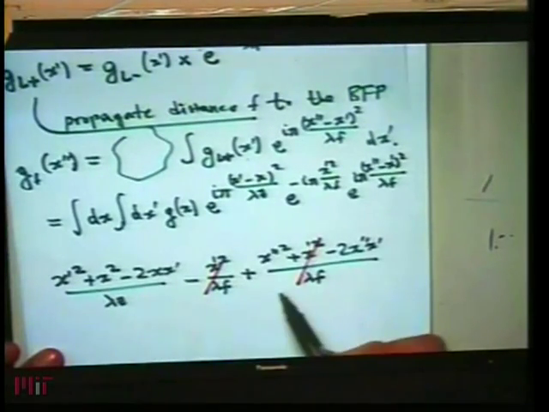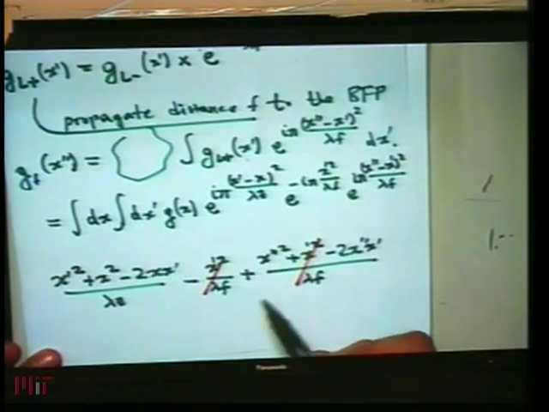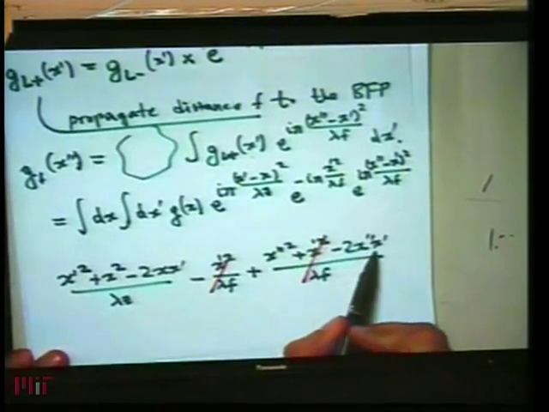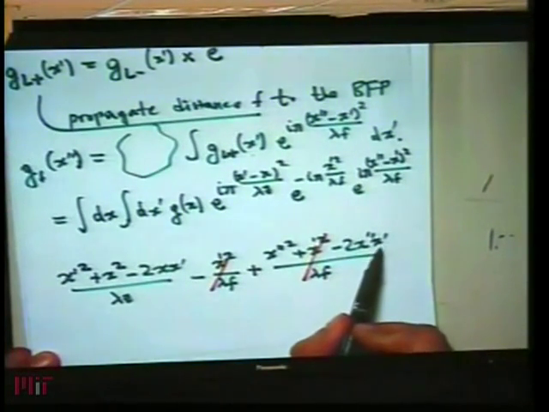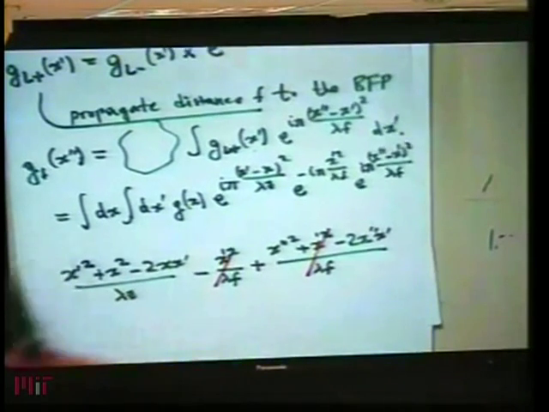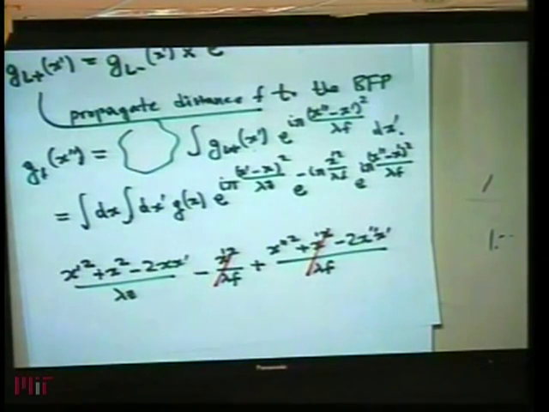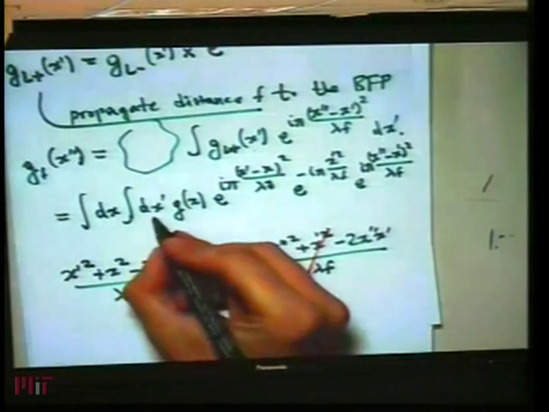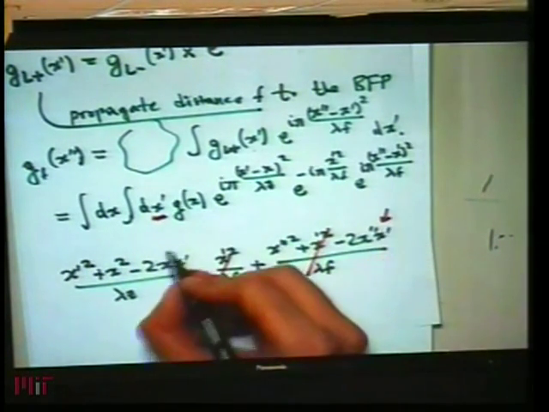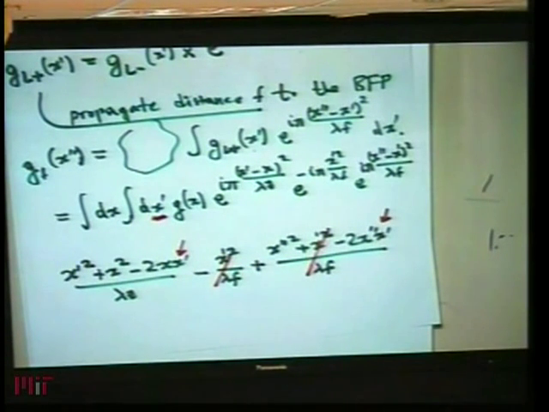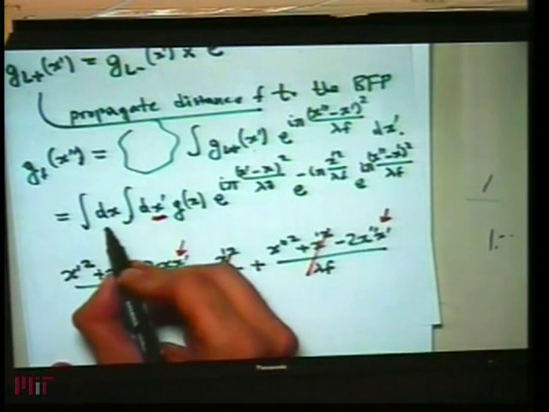Now what do I have to do? I still have to make an integration with respect to x prime. So x prime appears here and here, and I have to make an integration with respect to x.